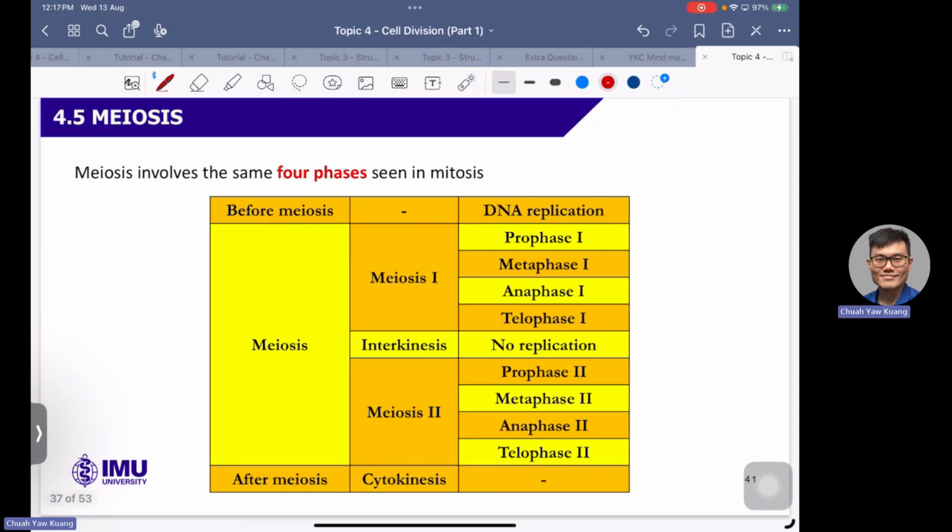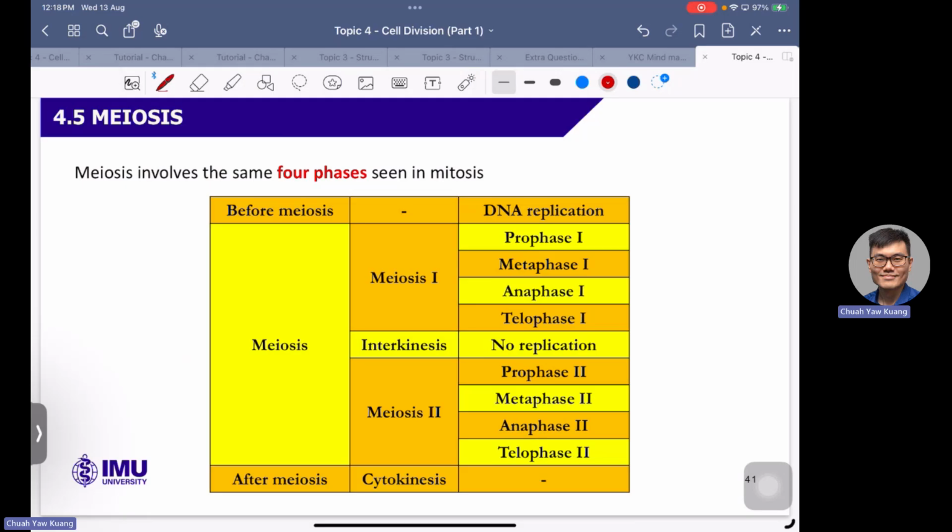Yeah? Okay, so the whole meiosis will be meiosis 1. So from 1 cell, it becomes 2 cells. Same thing, it has to start with the interphase first. Interphase, then meiosis 1. Then one cell becomes two cells. Then before they can undergo meiosis 2, the two cells have to undergo the so-called interkinesis, or another name called interphase 2.